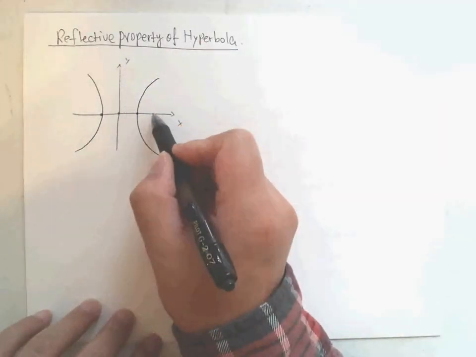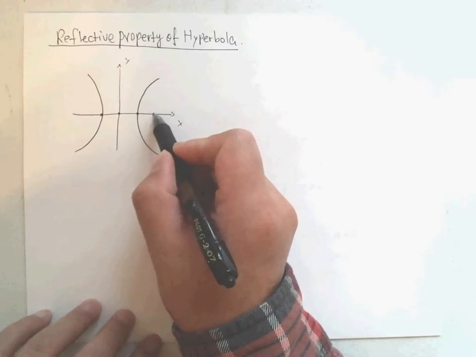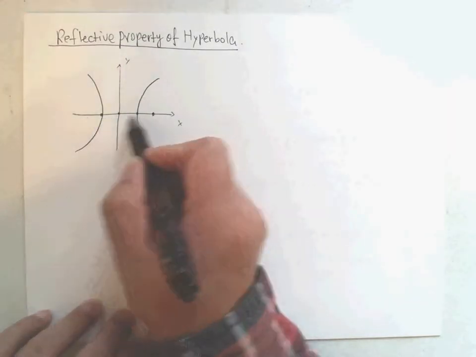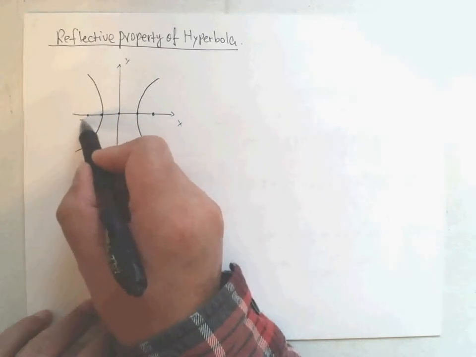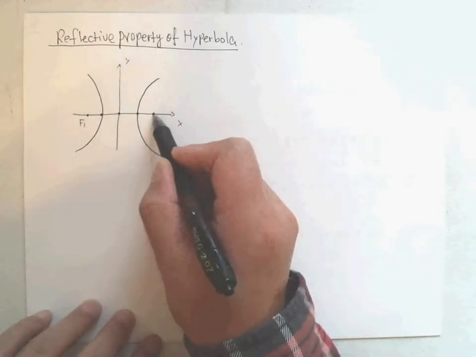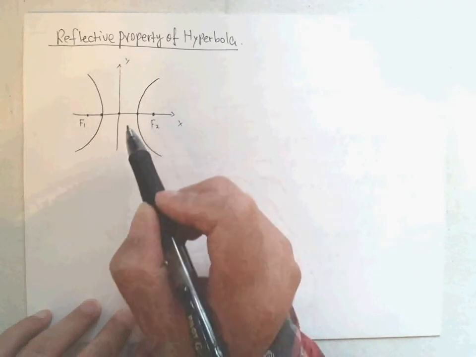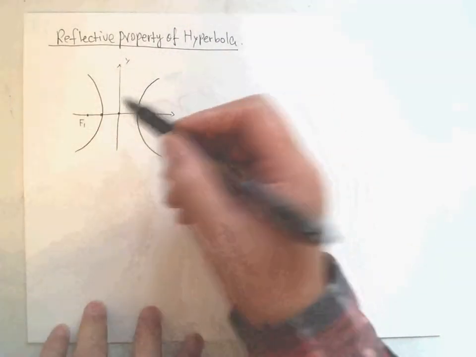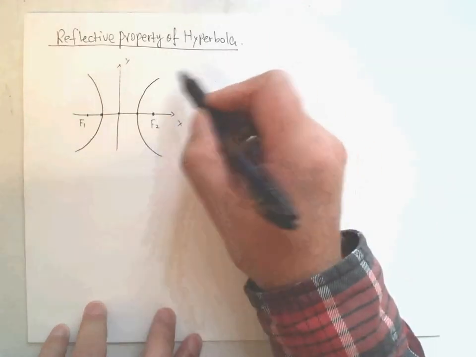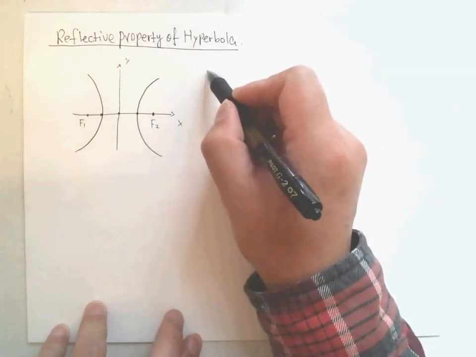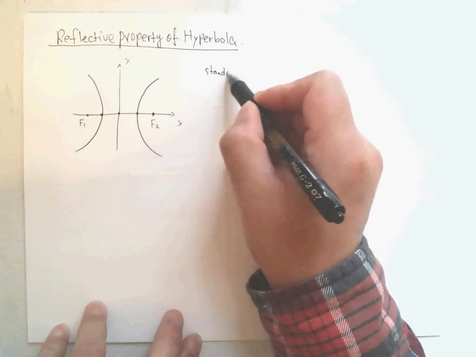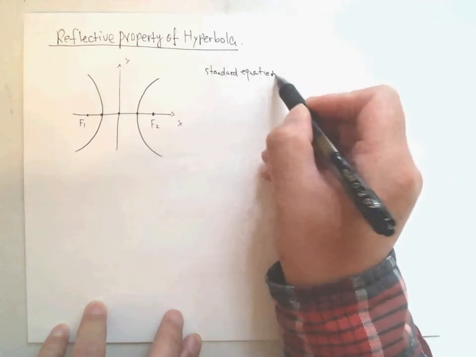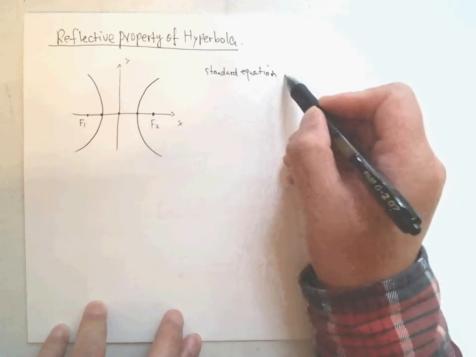Here this is the center, this is V1, and this is V2. We also have F1, the first focus, and F2, the second focus. And of course I give the equation, the standard equation. This is a horizontal type, right?